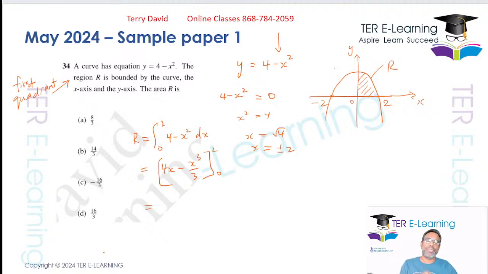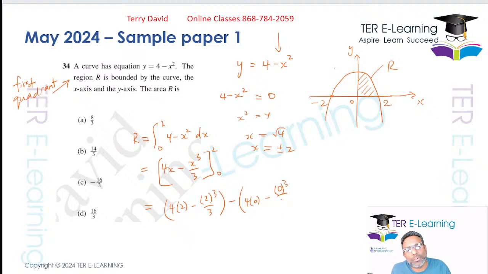So we're going to substitute 2 into our formula. So this is going to be 4 by 2 minus 2 cubed over 3, minus 4 by 0 minus 0 cubed all over 3. So this is going to be 8, so this is going to be 16 over 3 minus 0.